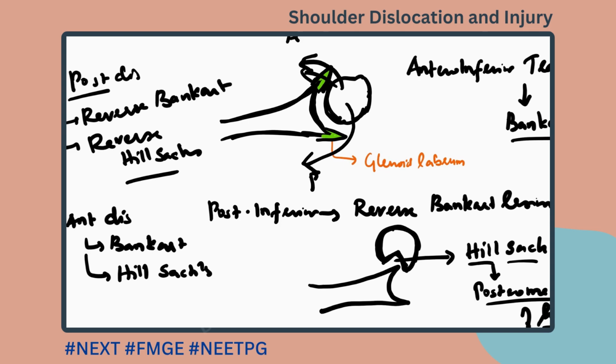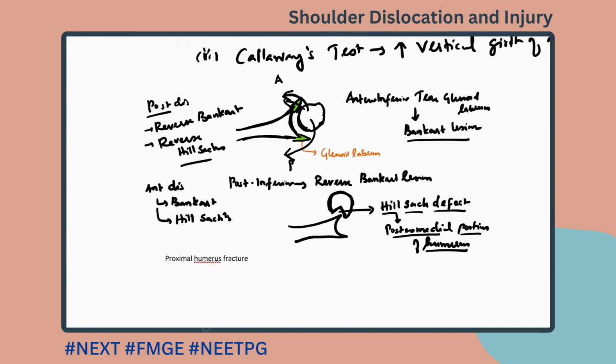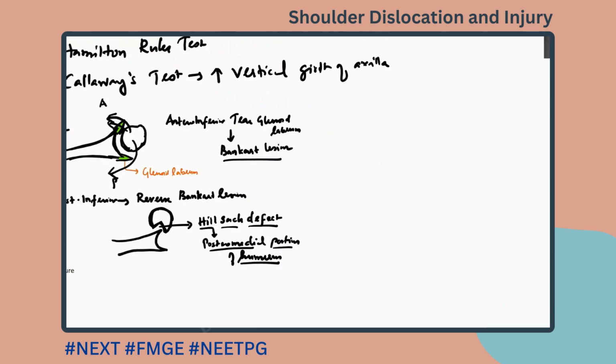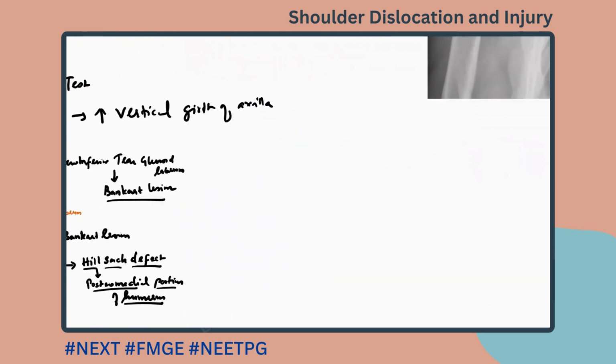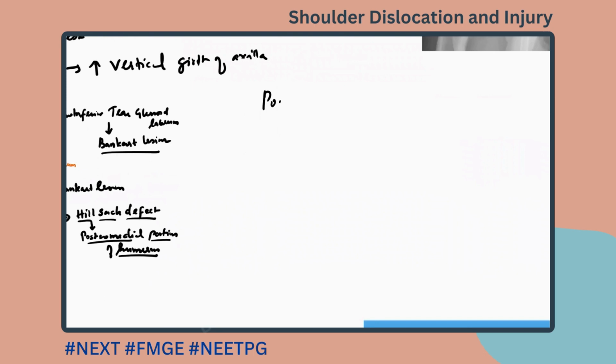Okay, we'll move to the next part of the shoulder dislocation, that is posterior shoulder dislocation. I have already told you a few signs of posterior shoulder dislocation, that is the reverse Banker's lesion and the reverse Hill-Sachs lesion. In whom commonly does posterior dislocation occur?